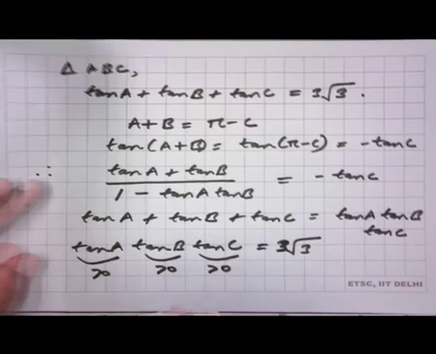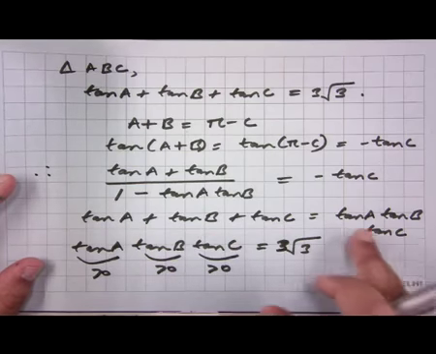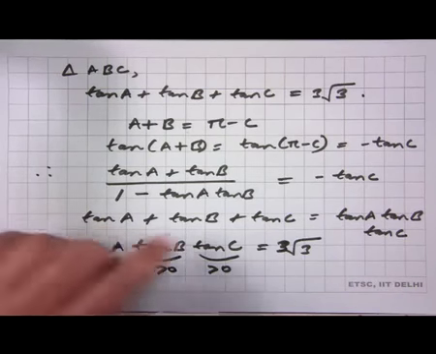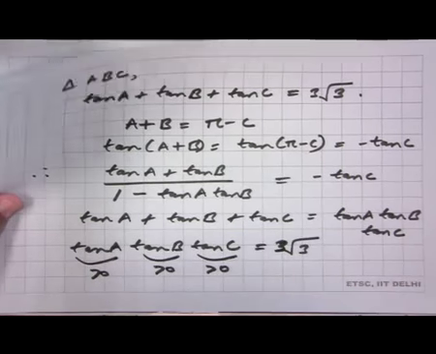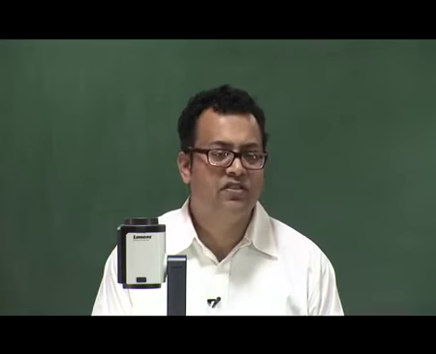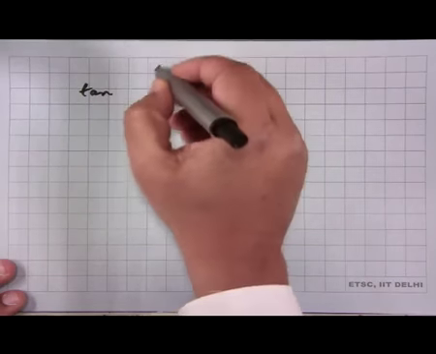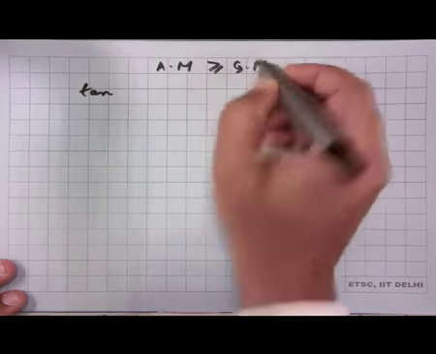And further, here if we see this equation, we have now shown that tan A, tan B and tan C are all positive, real valued. Now, from the arithmetic geometric mean inequality, we know that AM is greater than or equal to GM.